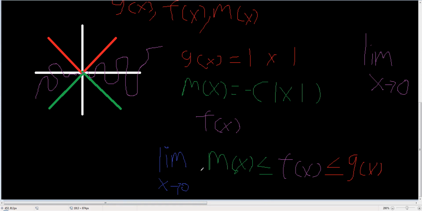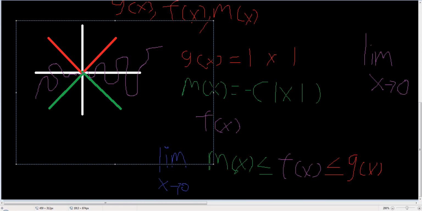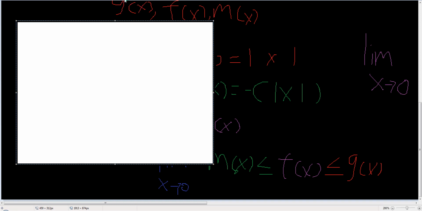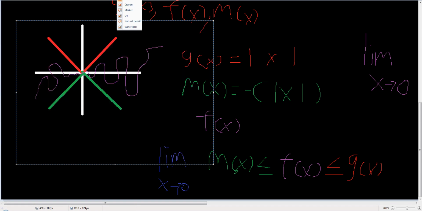Okay, let's have another example. Let me erase all of this. Let me see how I erase this. Okay, so we still have the three functions going like that. Let me figure out how to erase this first.